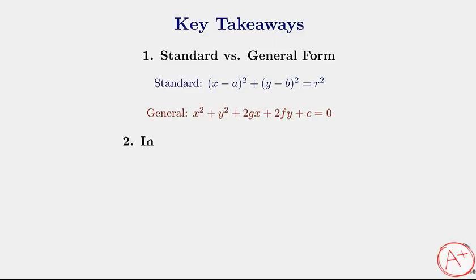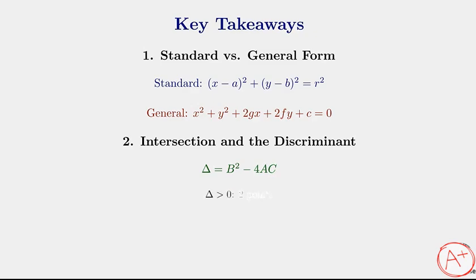To find how a line and circle interact, substitute the linear equation into the circle's equation. Use the discriminant delta = b² - 4ac. Delta greater than 0 means 2 intersections, delta equals 0 is a tangent, and delta less than 0 means no intersection.